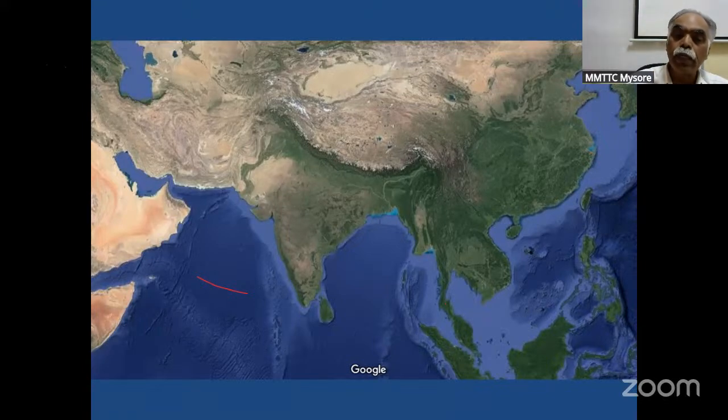Which part of the region has a wet climate, which has a desert climate, which has a semi-desert climate. All this information can be gathered from this image itself, and you can easily make out which part of India is quite dry, which part of India is quite wet.